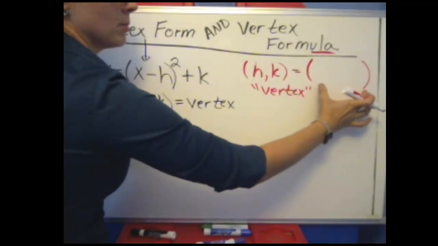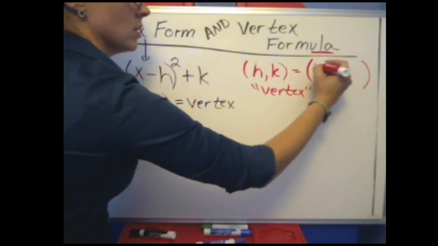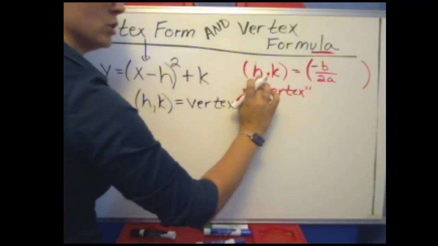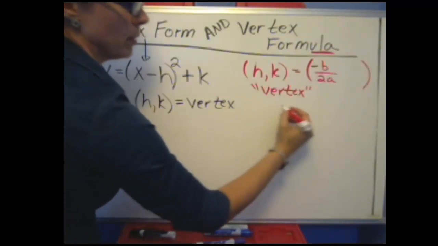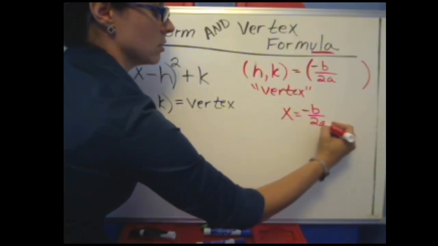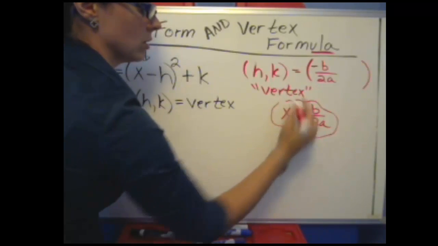So here notice I'm using ordered pair notation. So negative b over 2a. That corresponds with h, or some people might even say that corresponds to what the x part of the vertex would be. This is how some people might actually think of this.